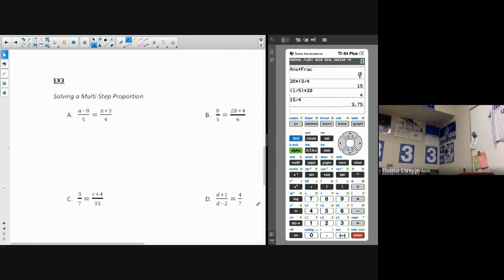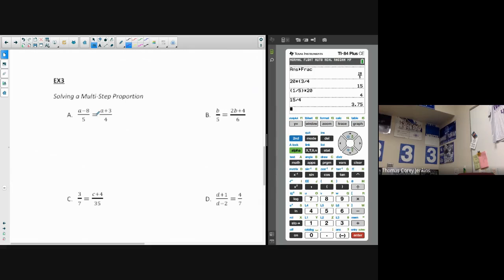And I would just say that cross products would work every time, okay? But you could do this one and this one by using a shortcut, by using that multiplication method. I'm going to show it with cross products because I think more of you will use that, but I will show one with the shortcut that I like.